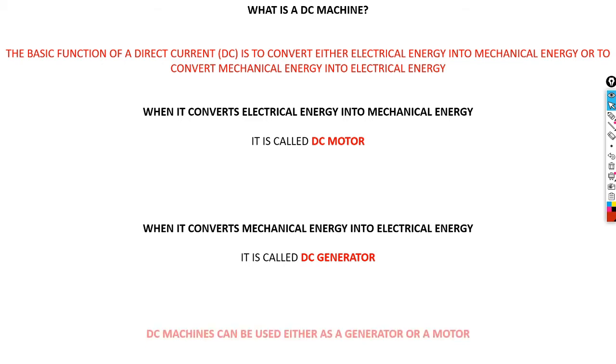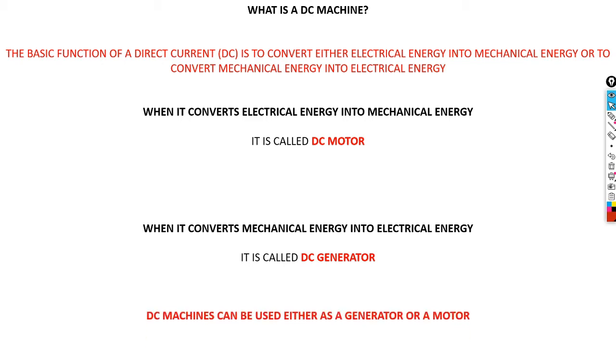Therefore, we can say our DC machine can be used either as a generator or a motor. But our study today will be focused on DC generator operation.